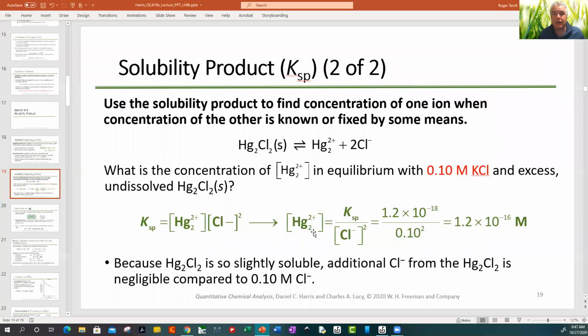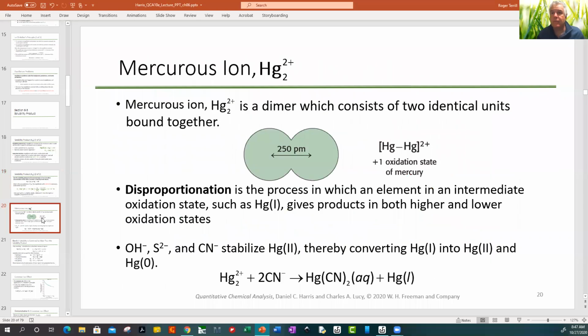let's see. We also have to consider a thing called disproportionation.